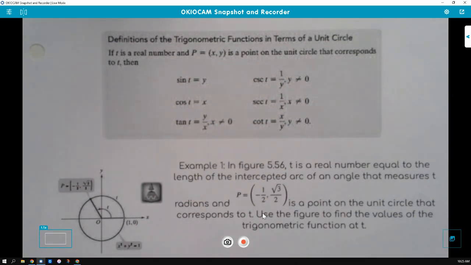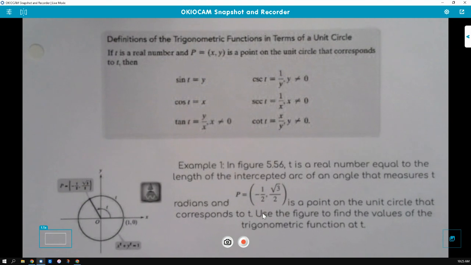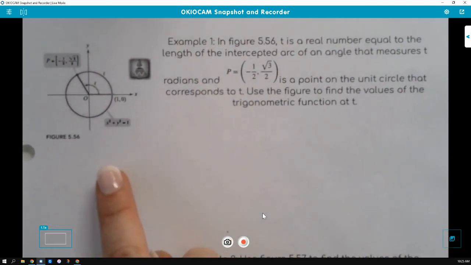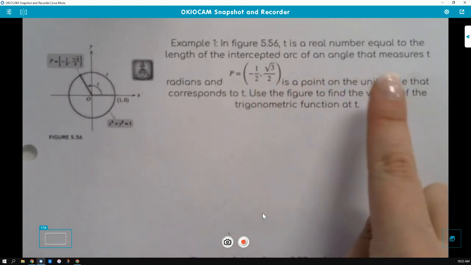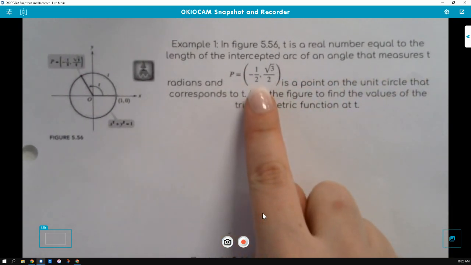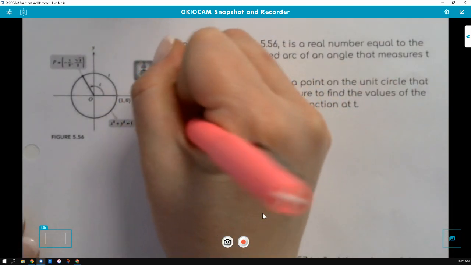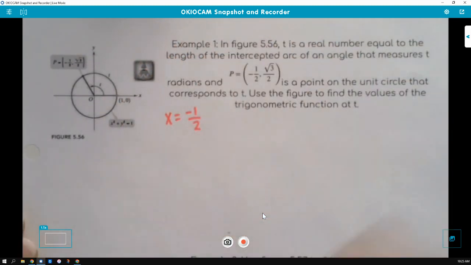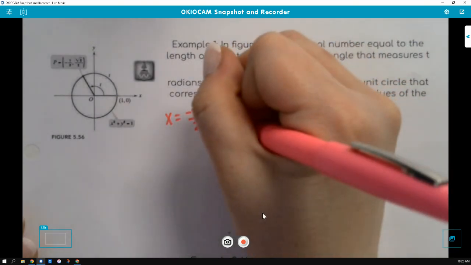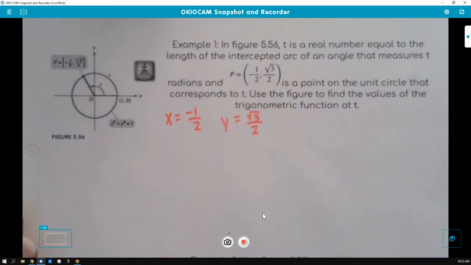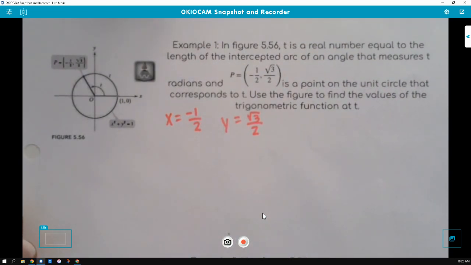So with that being said, let's do this first example. In figure 5.56, t is a real number equal to the length of the intercepted arc of an angle that measures t radians. This is my point. So my x is negative 1/2. My y is square root of 3 over 2. We just need to find our trig functions. So we're doing sine, cosine, tangent, cotangent, secant, cosecant.